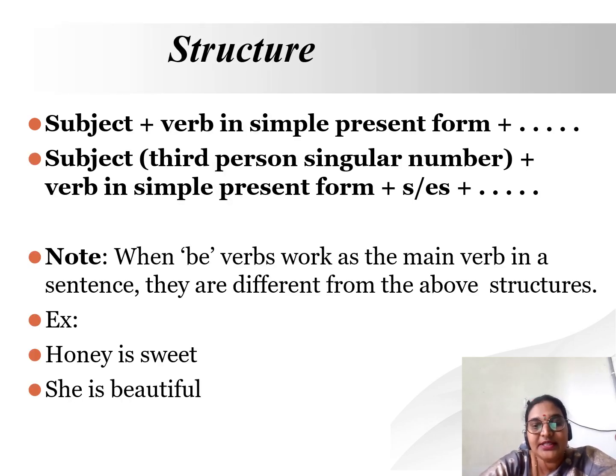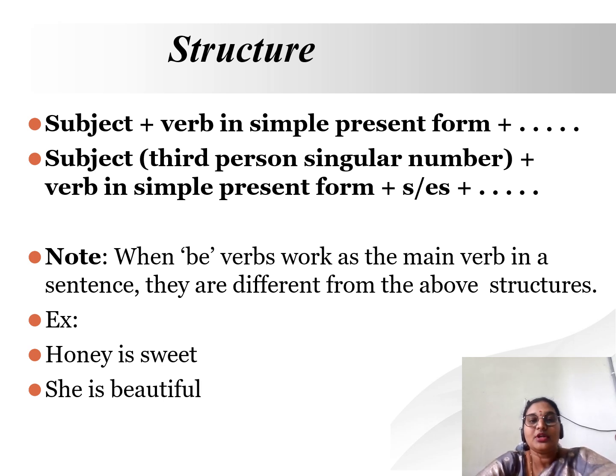As we all know, the structure of a simple present tense sentence has the subject, and we always use the verb in V form, or the simple present form, and then if there is a need for an object, you can keep the object, or else you can stop with the verb itself.